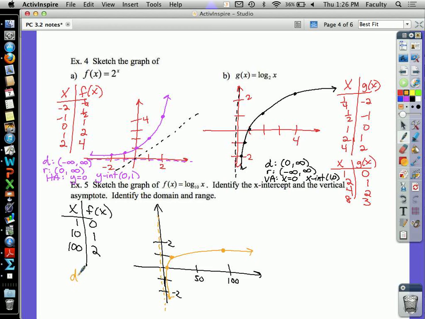So I have domain is 0 to infinity. The range is negative infinity to infinity. I have a vertical asymptote of x equals 0. And we do have an x-intercept of 1 comma 0. The only time that domain, vertical asymptote and x-intercept are going to change is if you have shifted left or right. Okay.